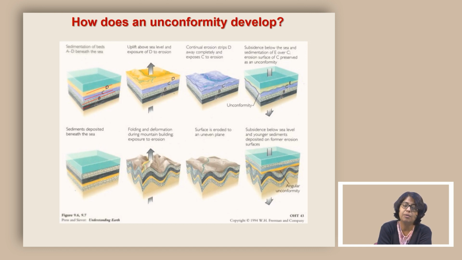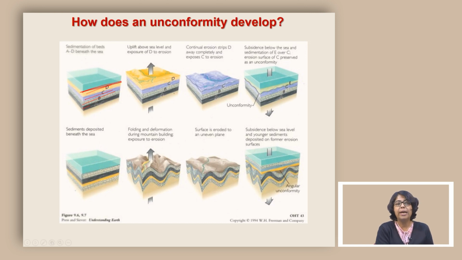The second thing that can happen is the uplift above the sea level, and once it gets uplifted, then only can it get eroded. If it is below the sea level, where no major agent is cutting down, it is also below the level where any erosion is taking place. So, if the sediments are below the sea level, they are not going to get eroded.